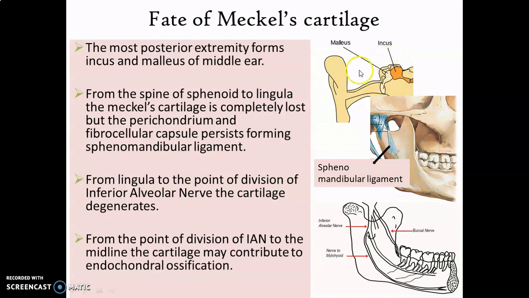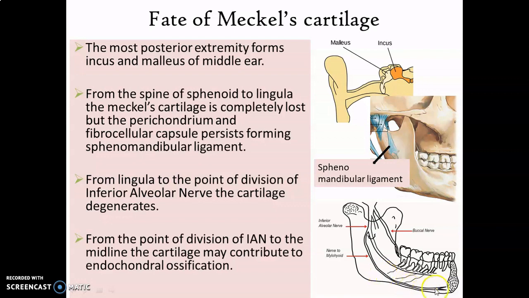And from the region of the spheno-sphenoid to the point of lingula, the cartilage is completely degenerating or lost, but the perichondrium and fibrocellular capsule persist, forming the ligament known as the spheno-mandibular ligament. From the point of lingula to the division of the inferior alveolar nerve into mental branch and incisive branch, the cartilage will be completely lost in this particular region.